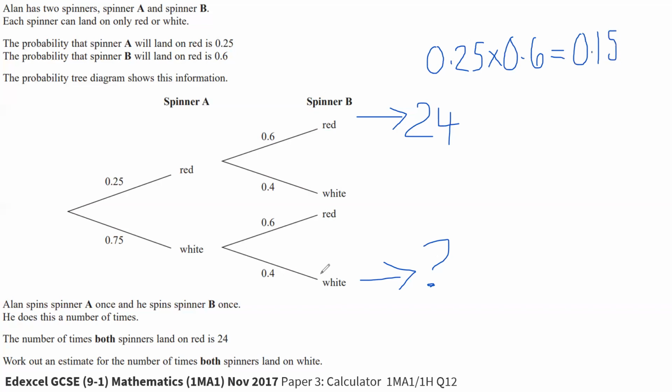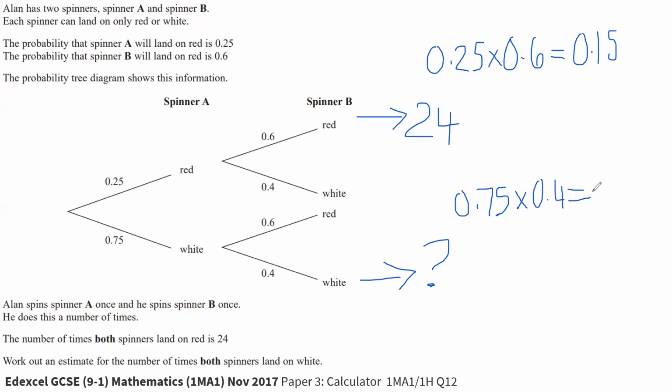If we do the same for the white branch, we're going to get 0.75. So that's the probability that spinner A lands on white, and then the probability that spinner B lands on white, so that will be times by 0.4.